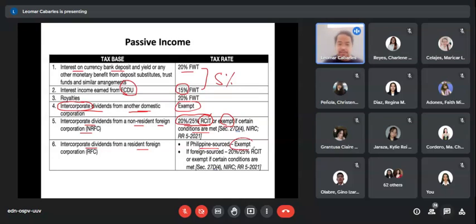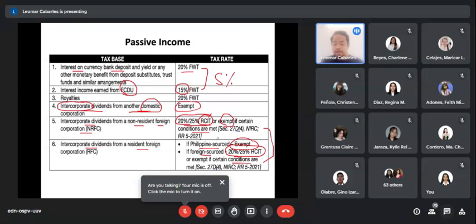Kasi para siyang galing sa another domestic corporation. But if the source is foreign, generally subject siya to 20 or 25% regular corporate income tax. Okay? Or pwede siyang exempt, but certain conditions have to be met. Okay? Yeah. So this is something to memorize, no?